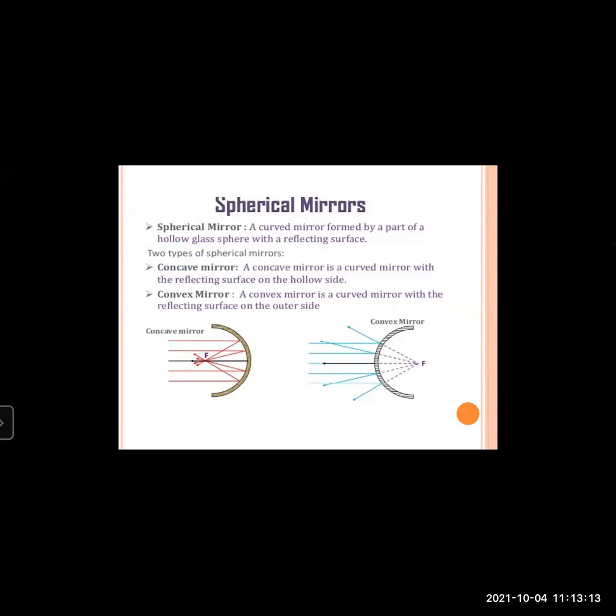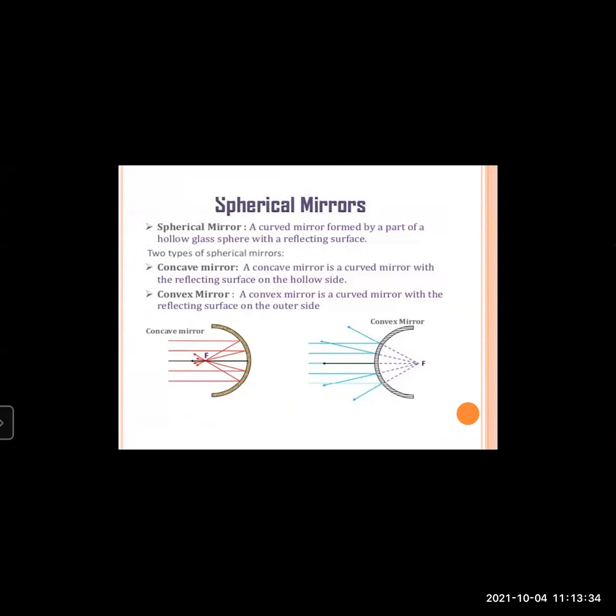Again, we will see which mirror undergoes convergence and which mirror undergoes divergence. You can see the concave mirror diagram. All the reflected rays are coming towards one point, F, so they undergo convergence.